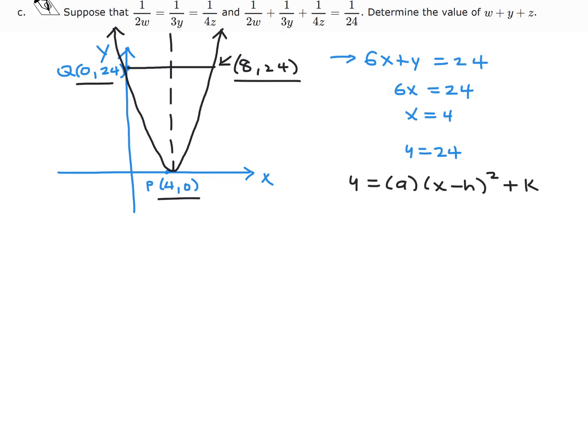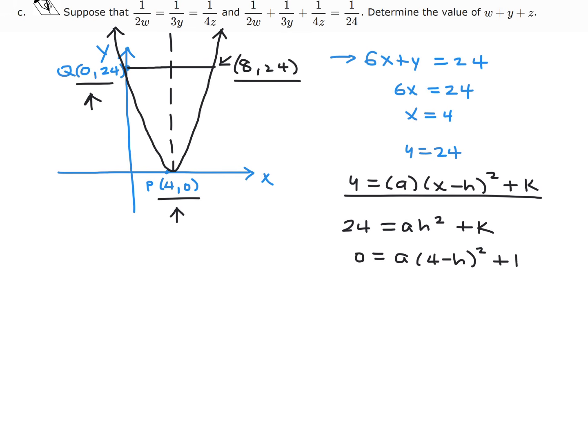So where do I start here? Let's start with this guy first, 0, 24, using that as my standard. So when x is 0, 24 is equal to a times 0 minus h squared, so ah squared plus k. Okay, and then let's try this one here. So that's going to give me 0 is equal to a times 4 minus h all squared plus k.